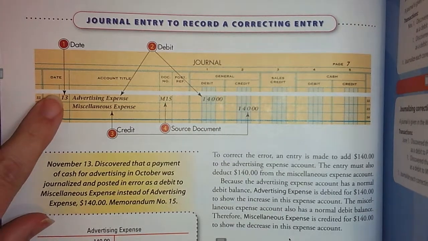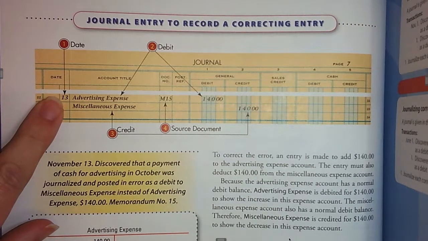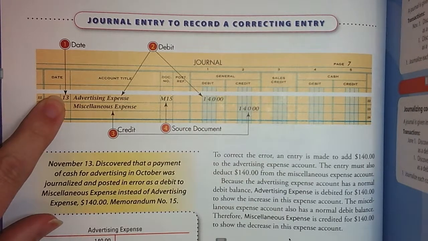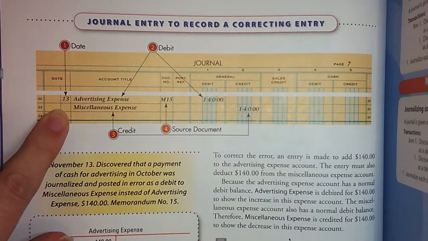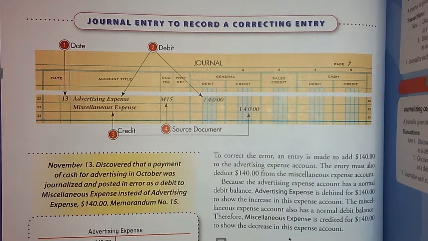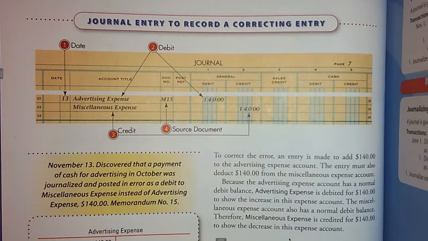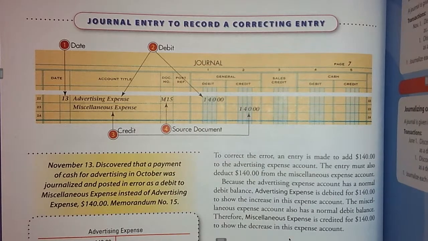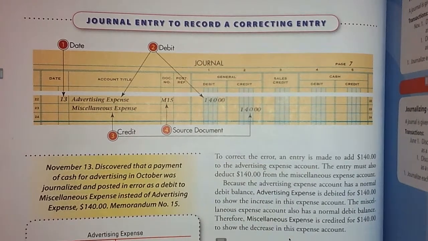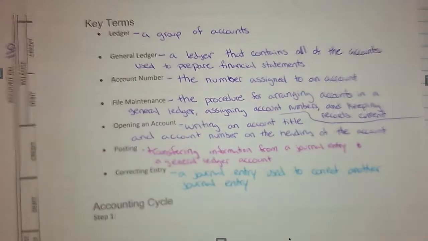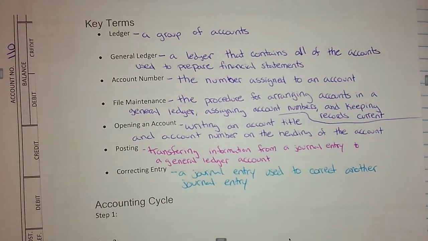All they did in the journal was debit advertising expense, which was who was supposed to get it, and credit miscellaneous expense. They took it out of miscellaneous expense and put it in advertising expense. So all we're doing is making a transaction where we move the money, and making sure we've got a memo to do that with. Make sense? It's just another transaction that we've done a million times.